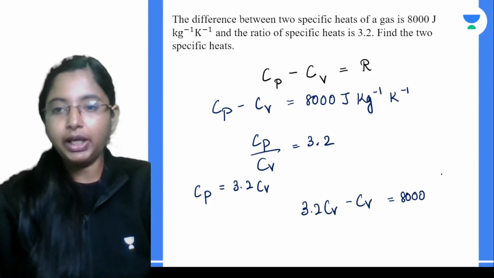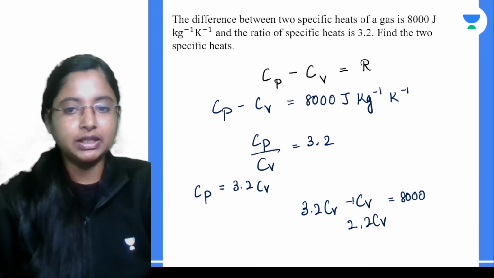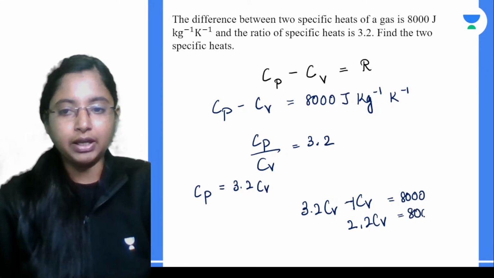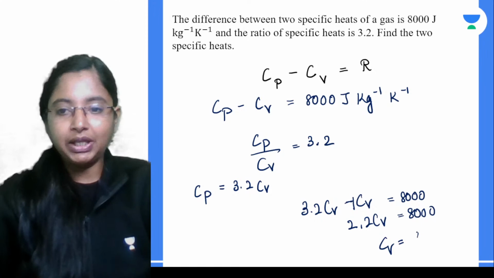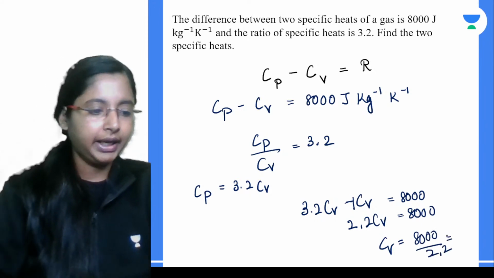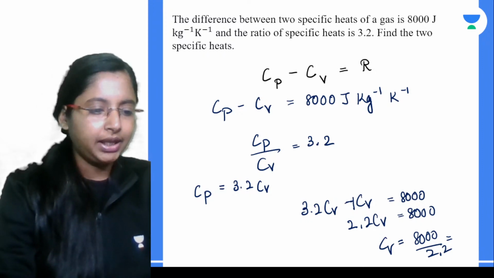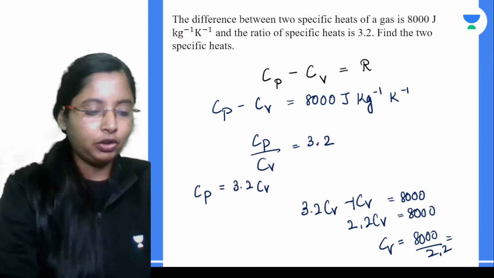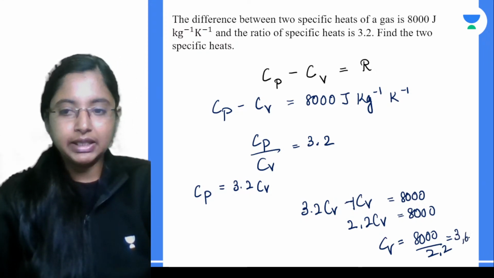Very simple. Now from here this will be 2.2 Cv, this is 1 Cv over here, so 2.2 Cv is equal to 8000. So what is Cv? Cv will be 8000 divided by 2.2. 8000 divided by 2 is around 4000, so 8000 divided by 2.2 will be a little less than that, somewhere around 3636.